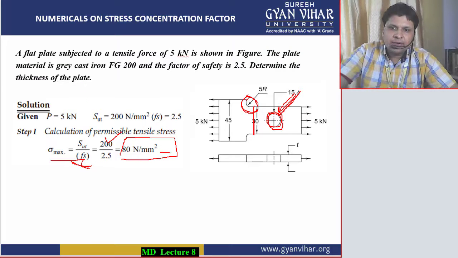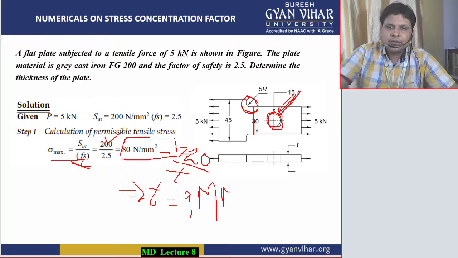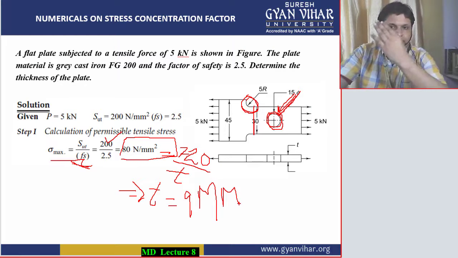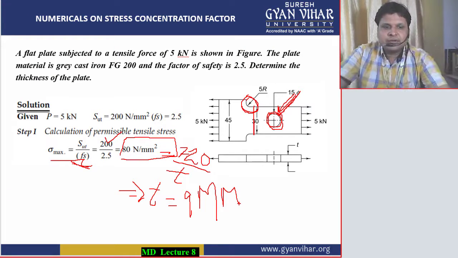Whatever maximum stress value you have obtained at the hole section, you equate with this value, and from this you get the thickness of the plate, which is equal to 9 mm. So in this way the designing is always done.